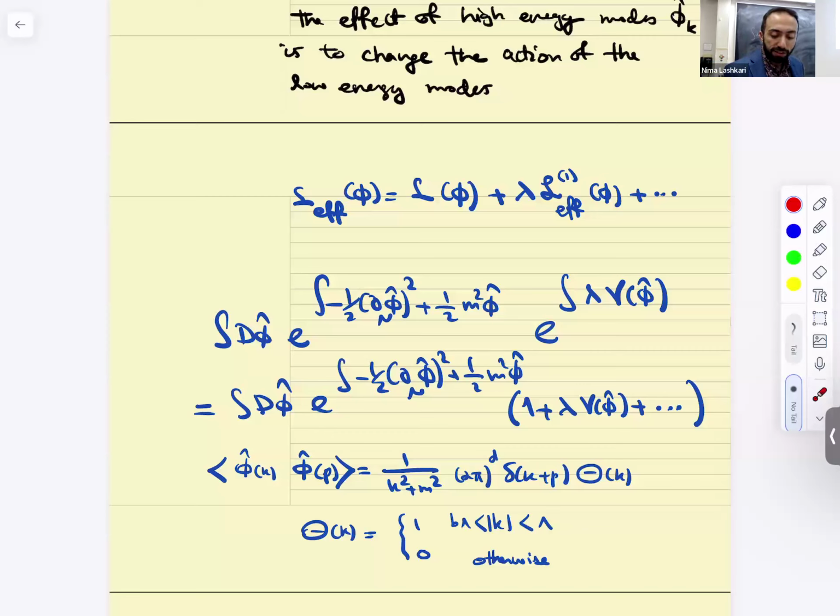Good old perturbation theory. The first thing you would do is find the propagator for this phi hat field. The propagator for it is obvious. It's 1 over k squared plus m squared. This bit is just normalization. And then there is the, whatever this is called, the theta function, no, it's not. Characteristic function, right?